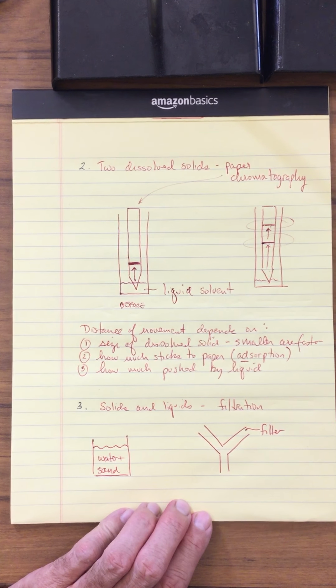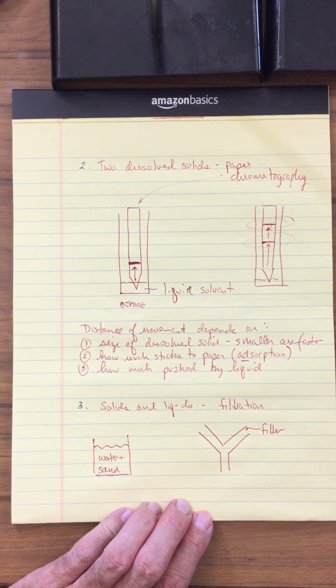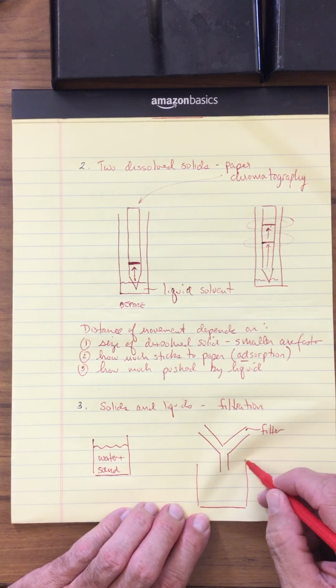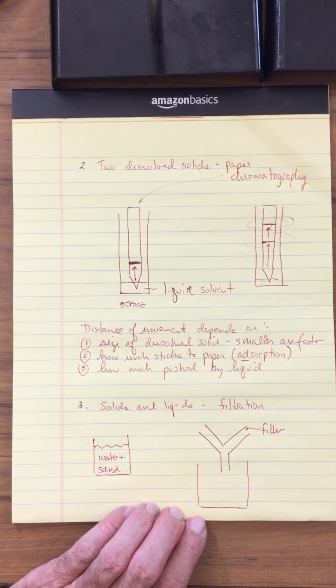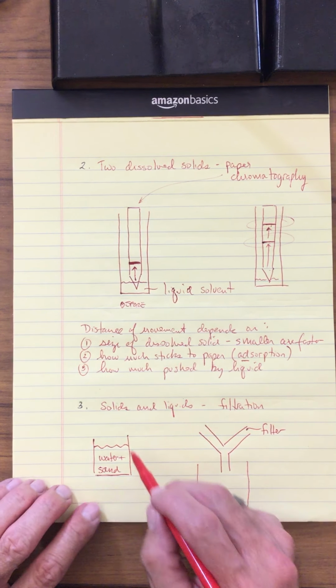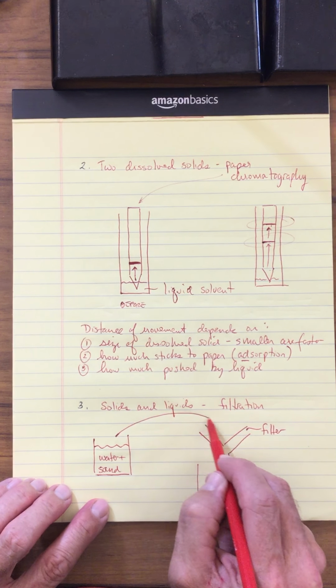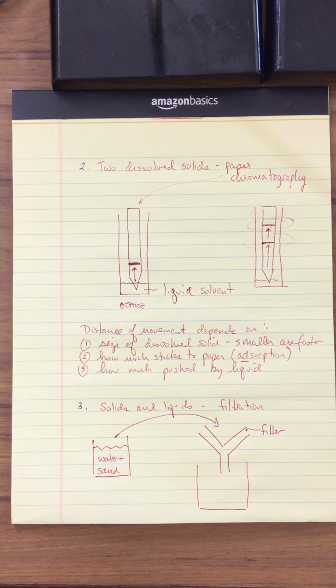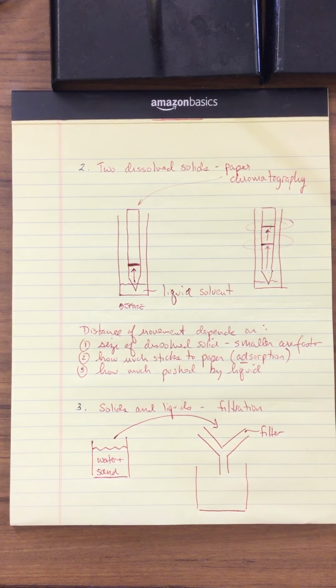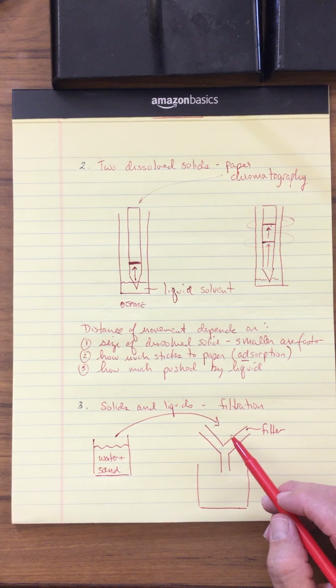So we'll have a filter, and we're then going to have a container underneath this funnel. And we're then going to pour the water and the sand into this system. So what's going to happen?